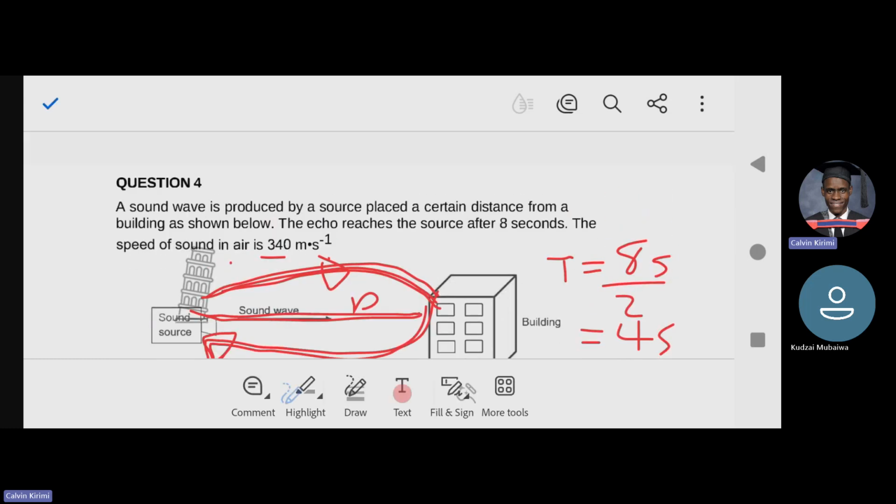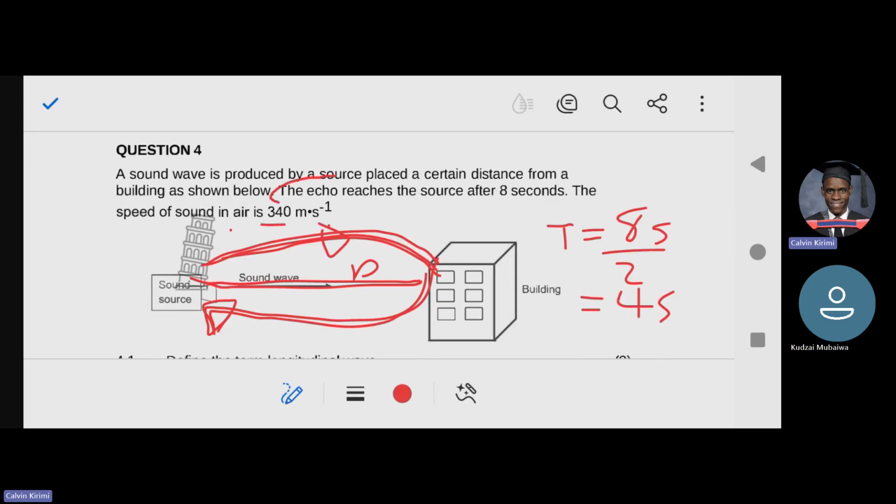So this keyword, you must see it in physics. It's a very key word because echo means to and from. So to and from takes 8 seconds. What is the distance of just going to? It will be 8 divided by what? Yes. By 2, which is 4 seconds.